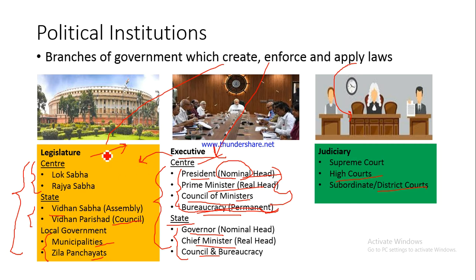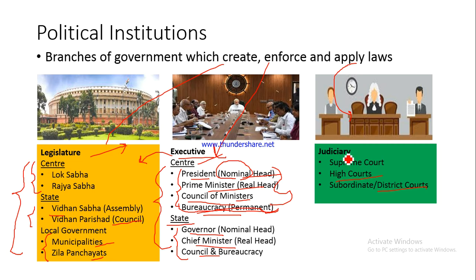For example, if the legislature does something that is meant for the executive to be done, then the judiciary would intervene. Likewise, if the executive does something without the permission of the legislature, again the judiciary would intervene. The judiciary would also interpret the various laws, what is the meaning of that particular law, and they would interpret the laws when there is a conflict regarding the meaning of a law.